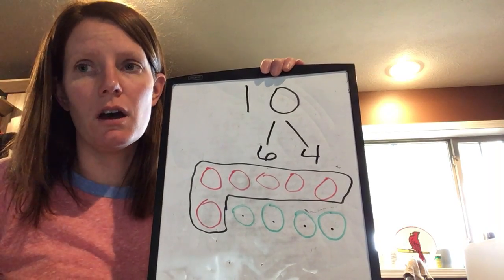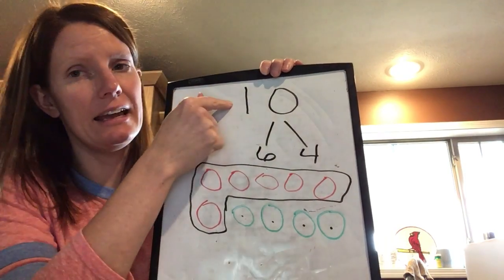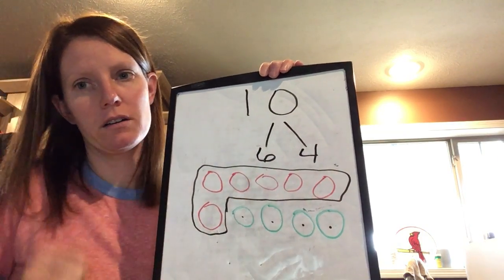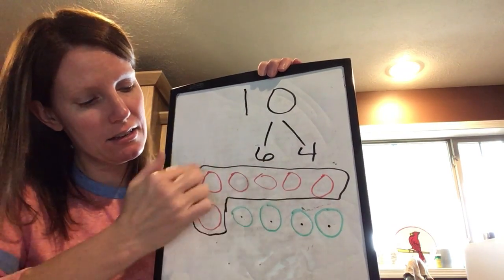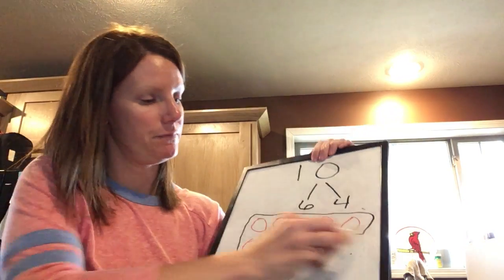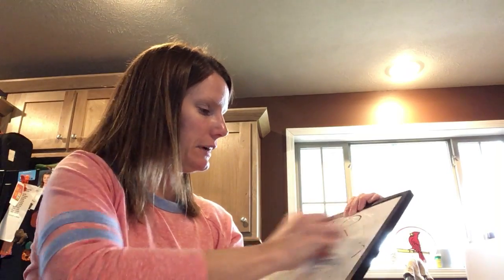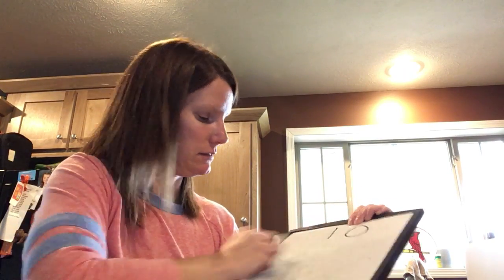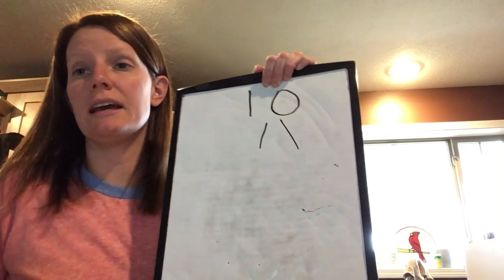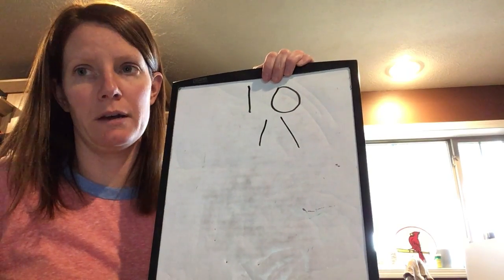So for this one, our number bond is 10 is 6 and 4. Our picture tells us we have 6 red, 4 green. Now I'm going to erase that, but I'm not erasing my 10, because we know 10 is our whole number today.